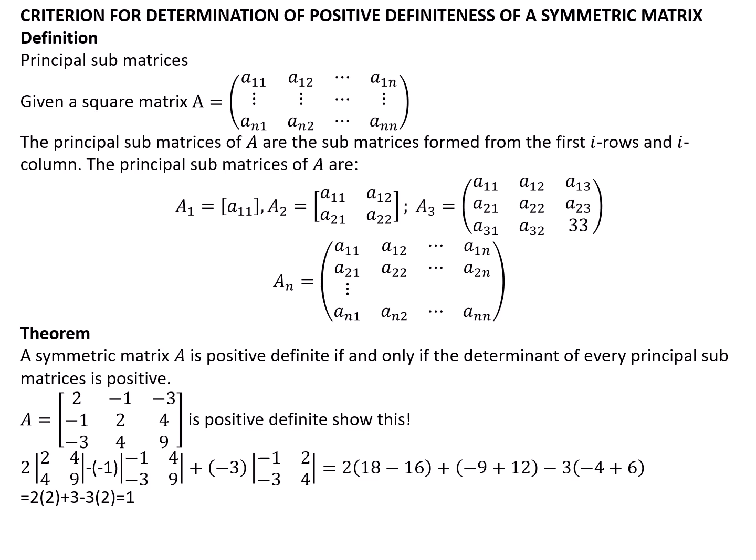So you can see that the determinants of these submatrices are all positive. That is the condition that can make us conclude that this particular symmetric matrix is positive definite.